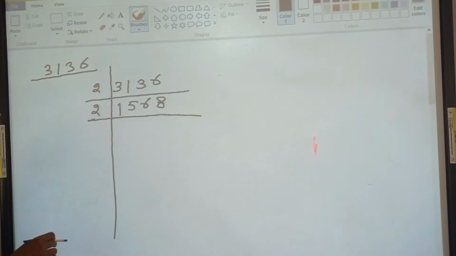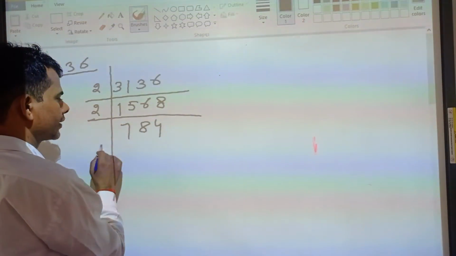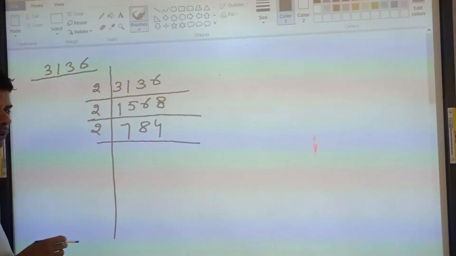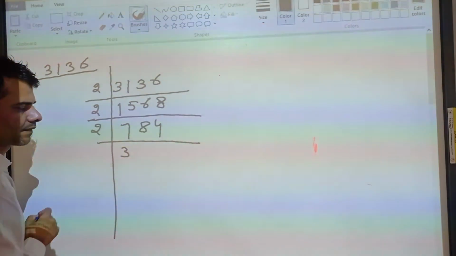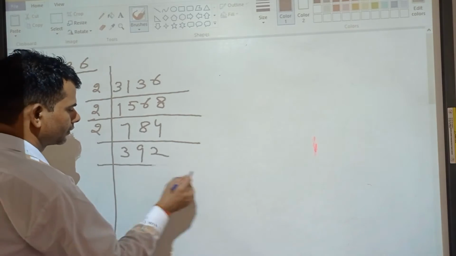2 7s are 14, 2 8s are 16, 2 4s are 8. 2 3s are 6, 2 9s are 18, 2 2s are 4.